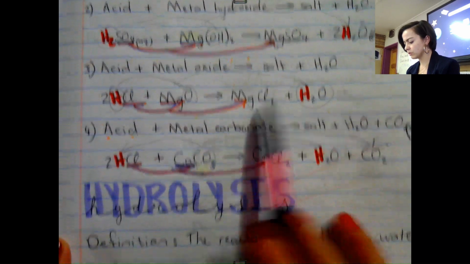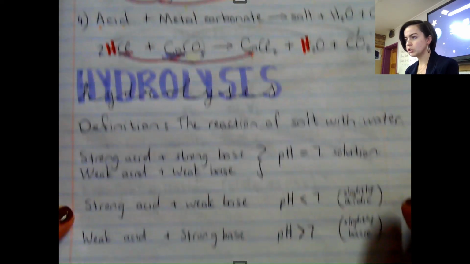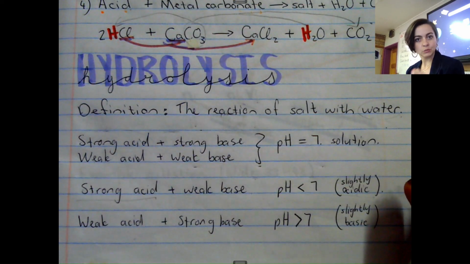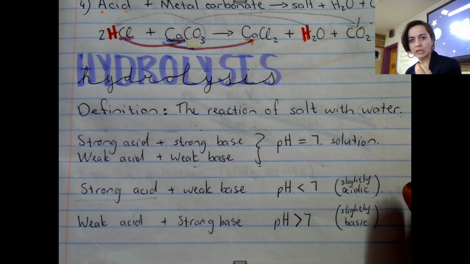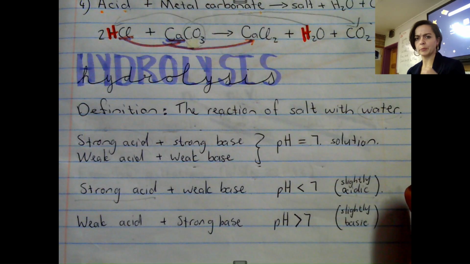Now, if I were to add one of these salts to water, it would react with the H2O. Now, that resulting aqueous solution will either be slightly acidic, slightly basic, or neutral.